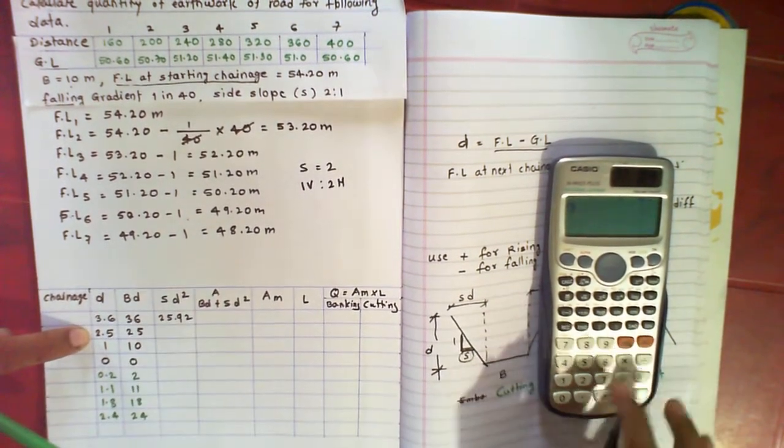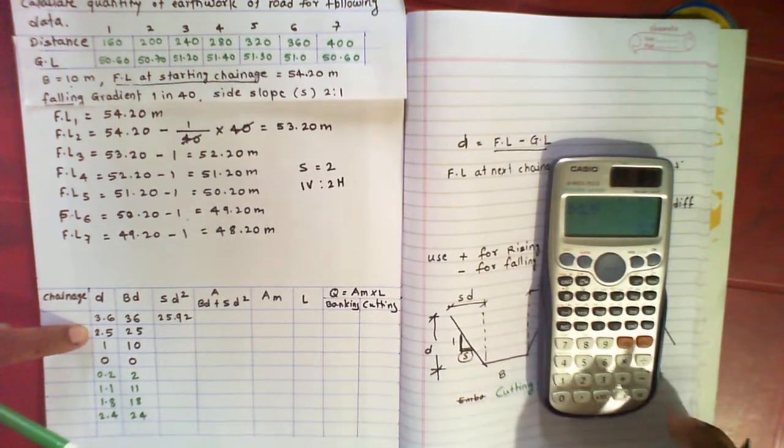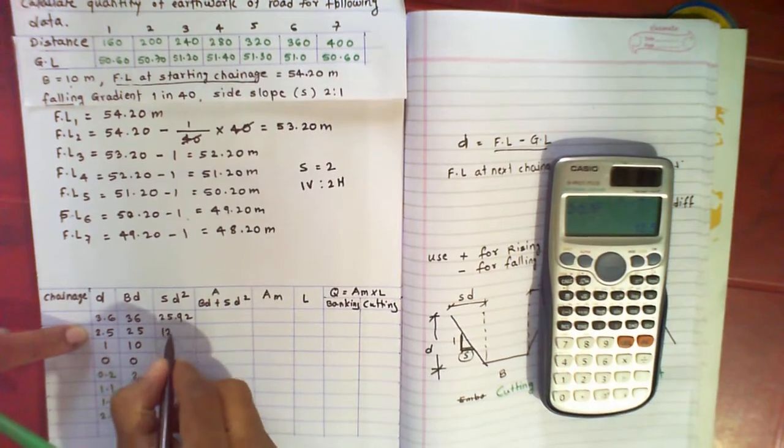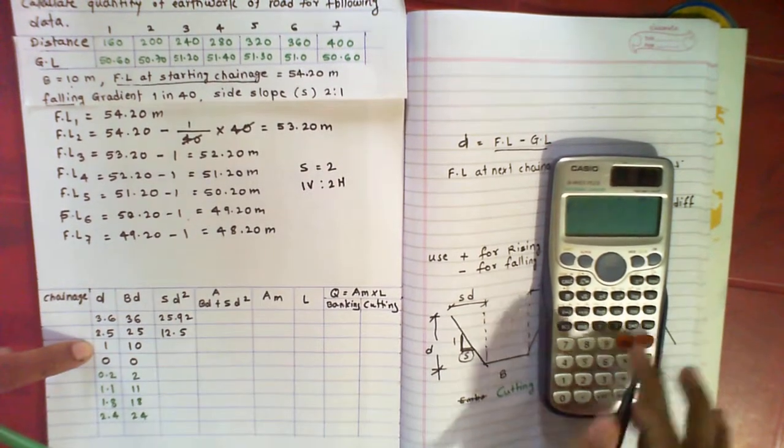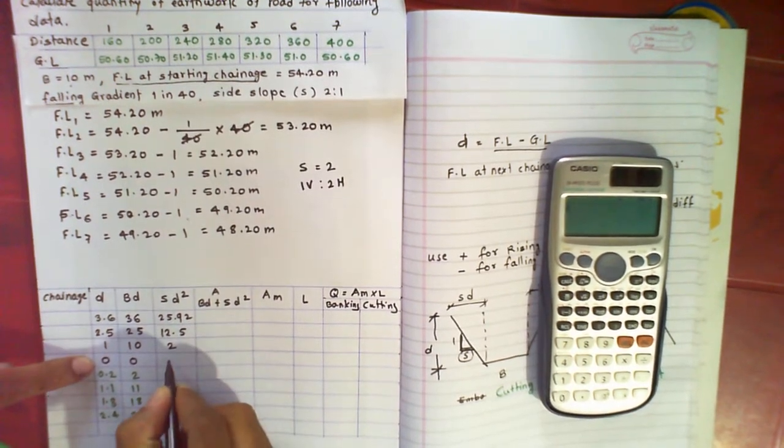Again 2 into 2.5 square, it is 12.5. Again 2 into 1 square, that is 2. This will be 0.